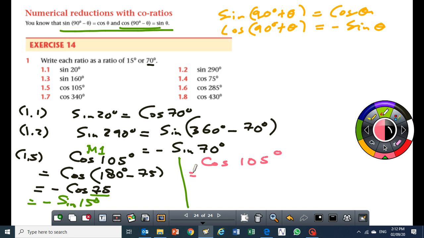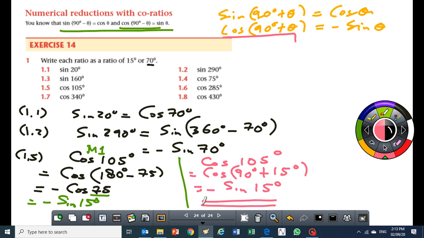So this will be cos of 90 degrees plus 15 degrees. It has to convert to what? Sine. And this 15 degrees becomes your theta. There's a minus here, so you end up having minus sine 15 degrees. So make sure you know your reductions. This is method 2, and that's your method 1.